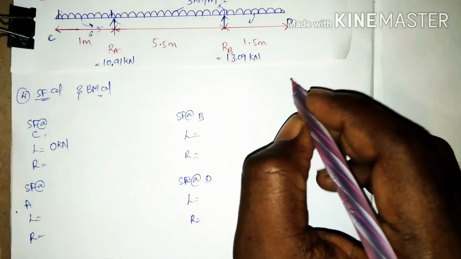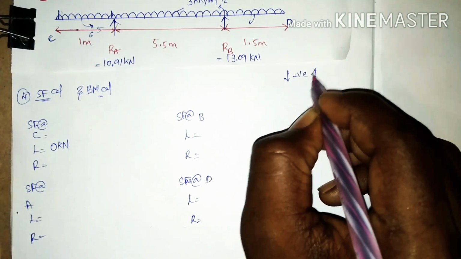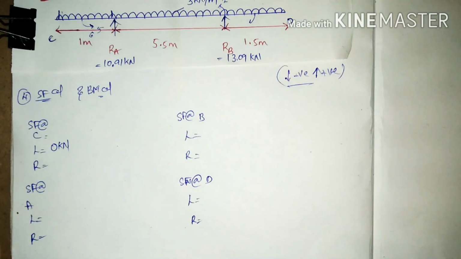For the shear force calculations, downward is negative and upward is positive. Remember these sign conventions while finding the shear force.